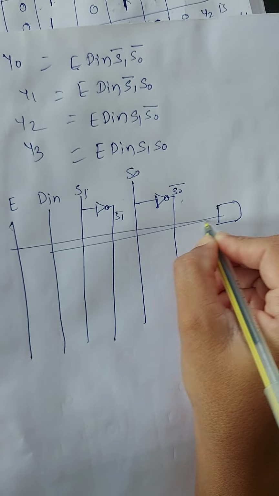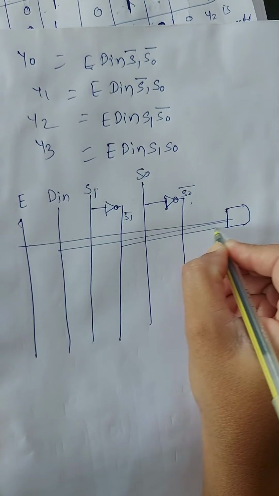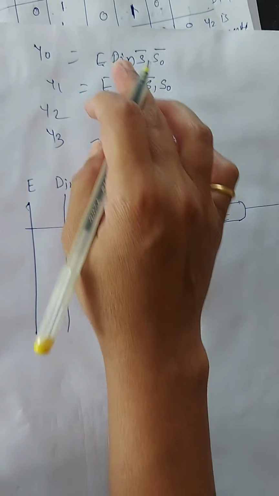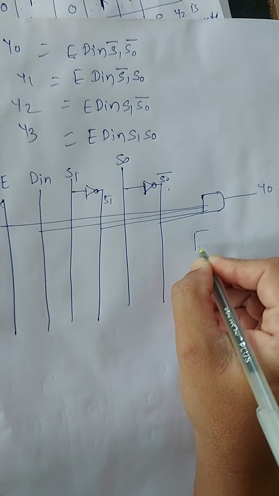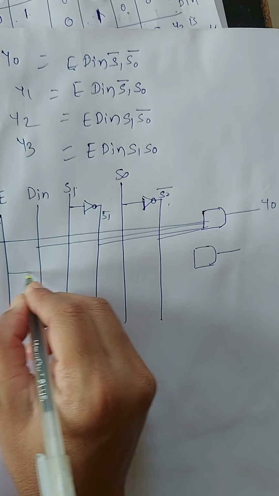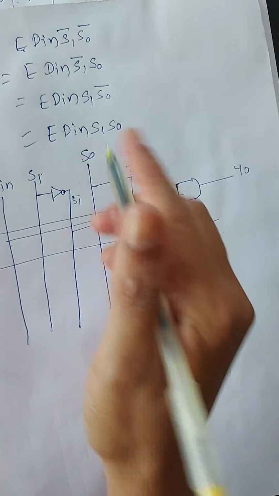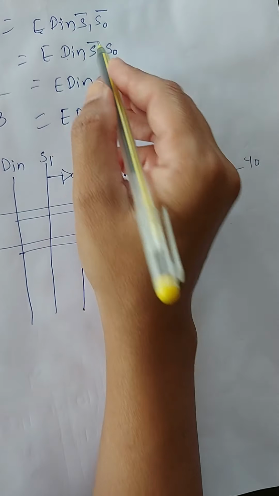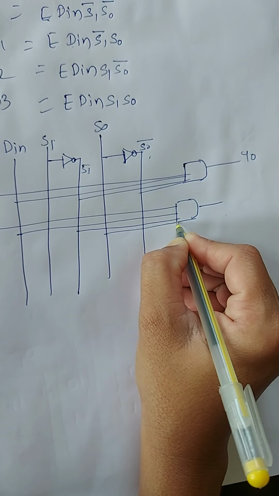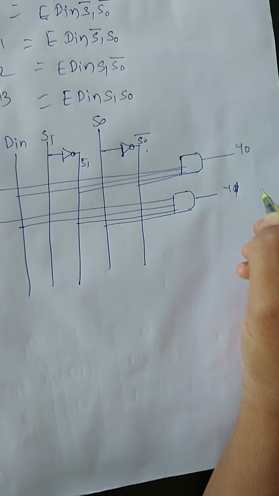Next D in, S1 bar, S0 bar, so the output is Y0. Next, an AND gate is required for Y1. The Y1 equation is E, D in, S1 bar, and S0. This is the Y1 equation.